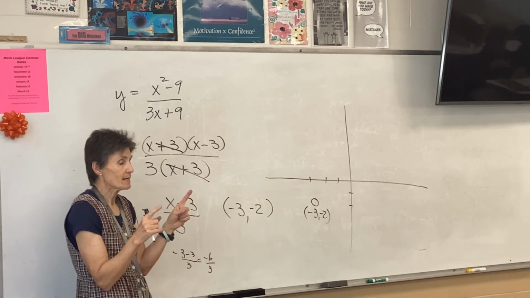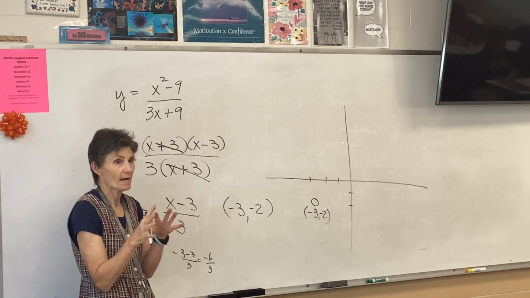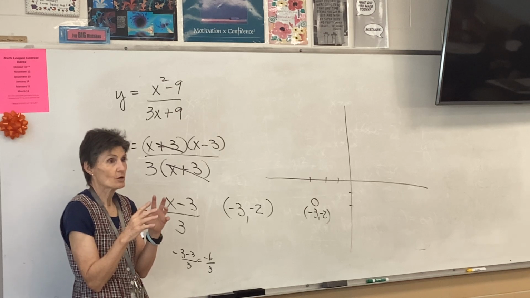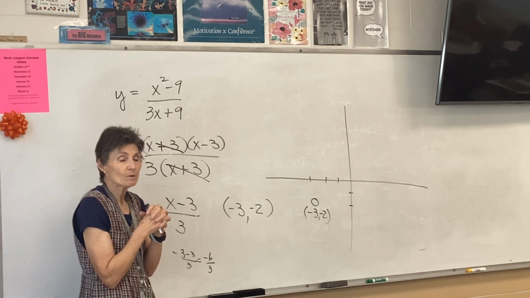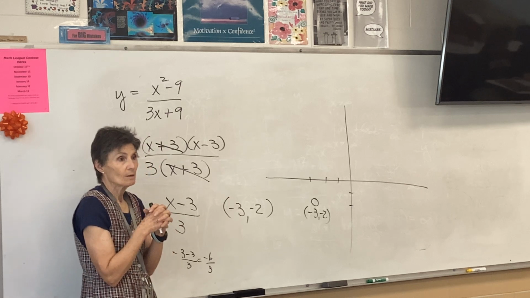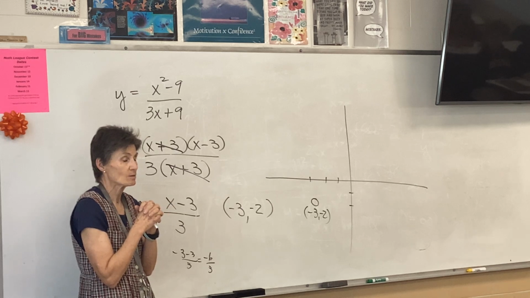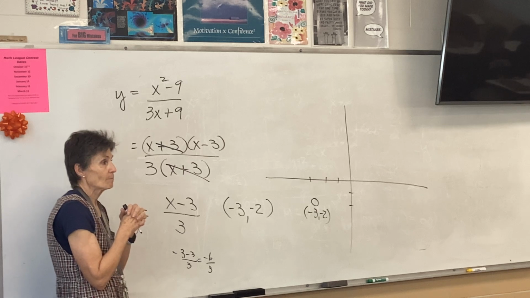Somebody has already pointed out that there are no vertical asymptotes. How come? There's no x in the denominator. How do we get vertical asymptotes? We have a 0 down there, and we can't get a 0 there. So there's no verticals. What about horizontals?